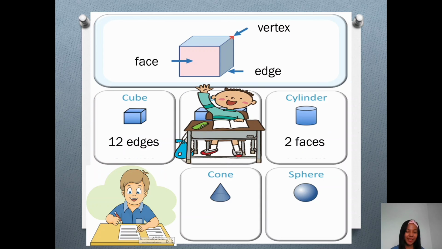Very good. How many faces does the cone have? Only one face. How many vertices does the sphere have? Zero vertices, no vertex at all.